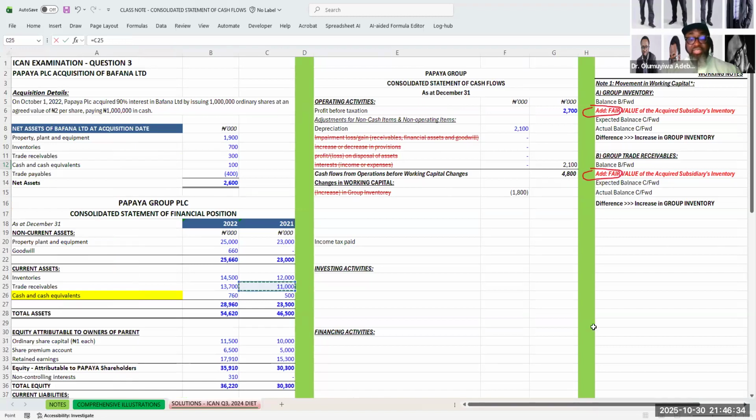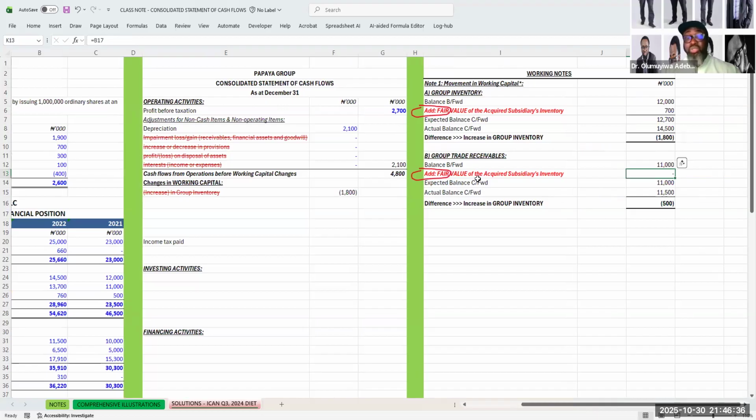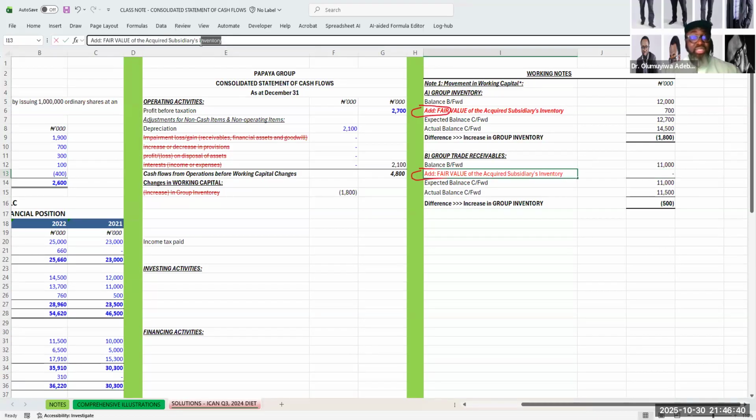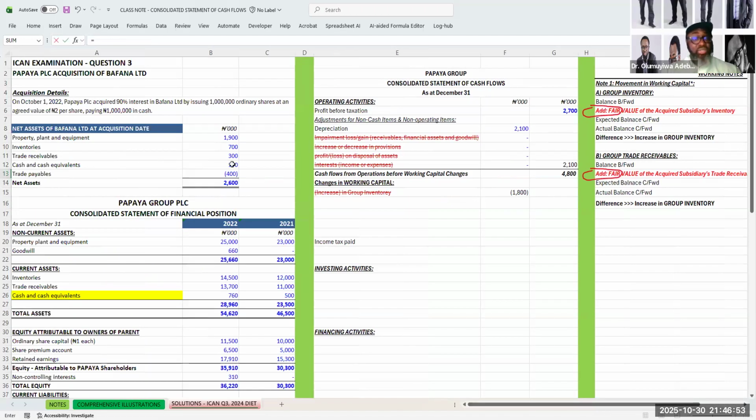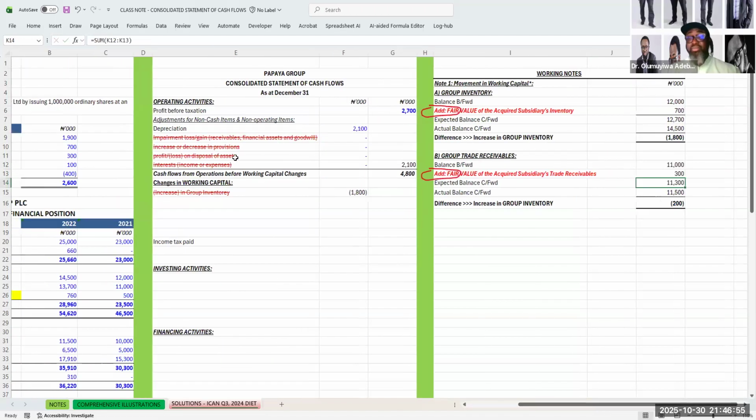Trade receivable has 11,000. In the year, the value of trade receivable acquired or taken over from the new subsidiary acquired was 300.